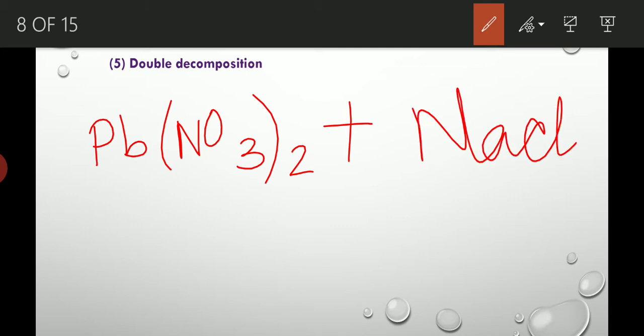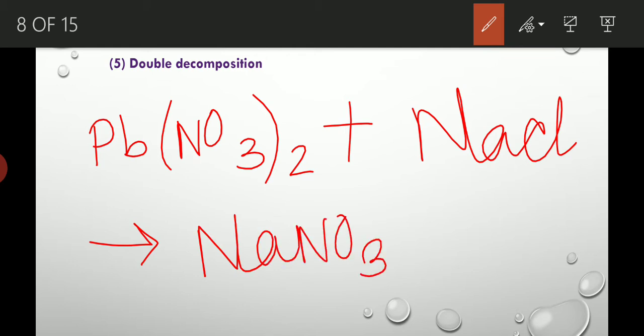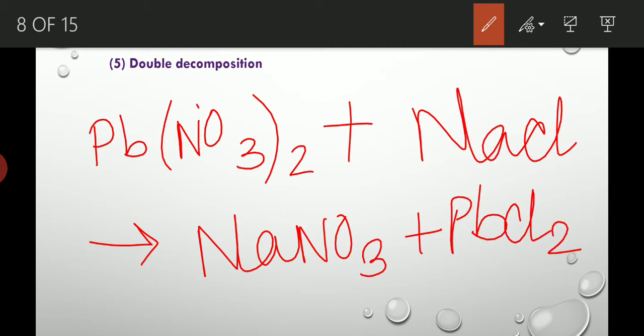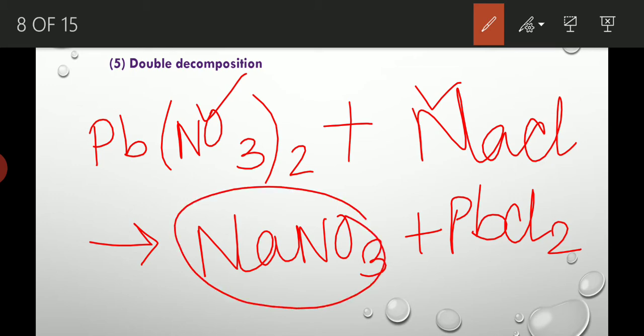These two salt solutions have been taken and they react with each other to give rise to sodium nitrate and lead chloride. They give rise to one salt which is sodium nitrate, which is soluble.